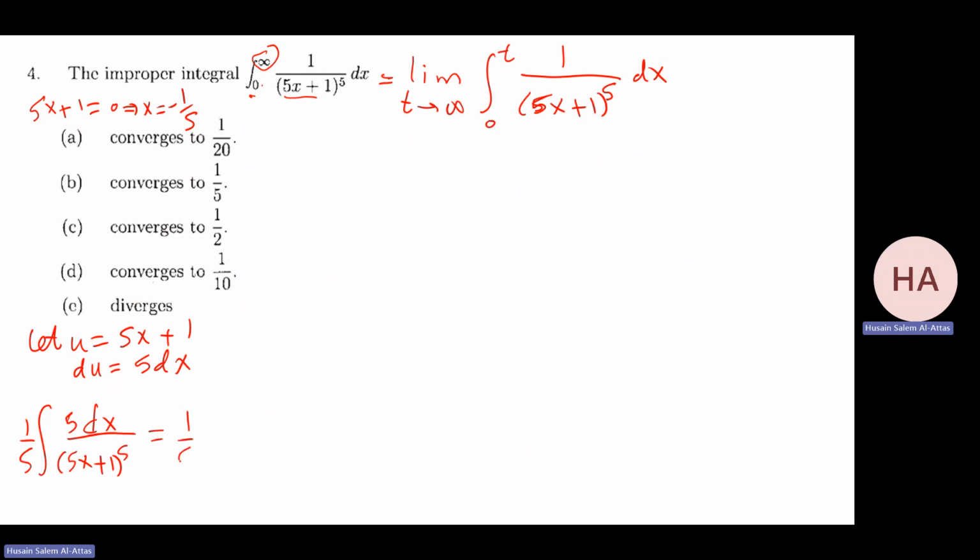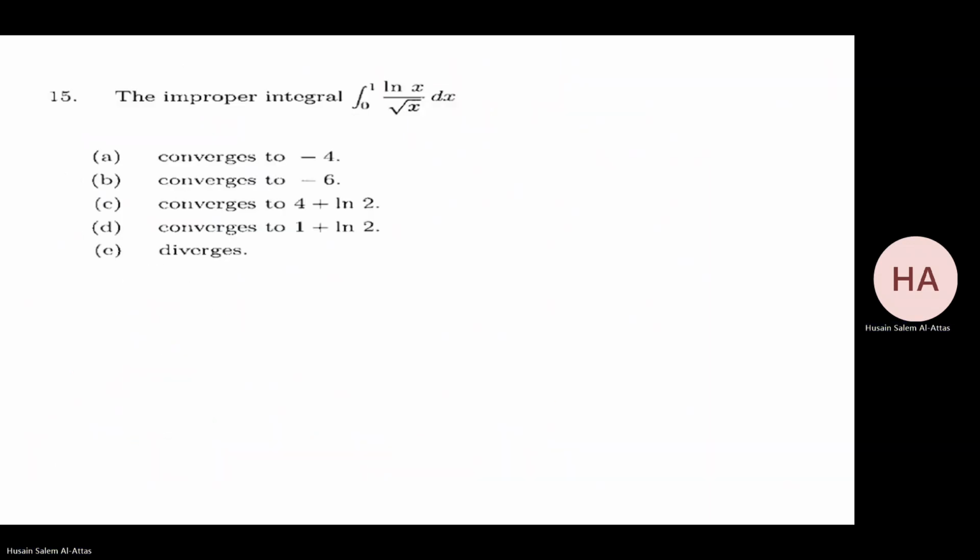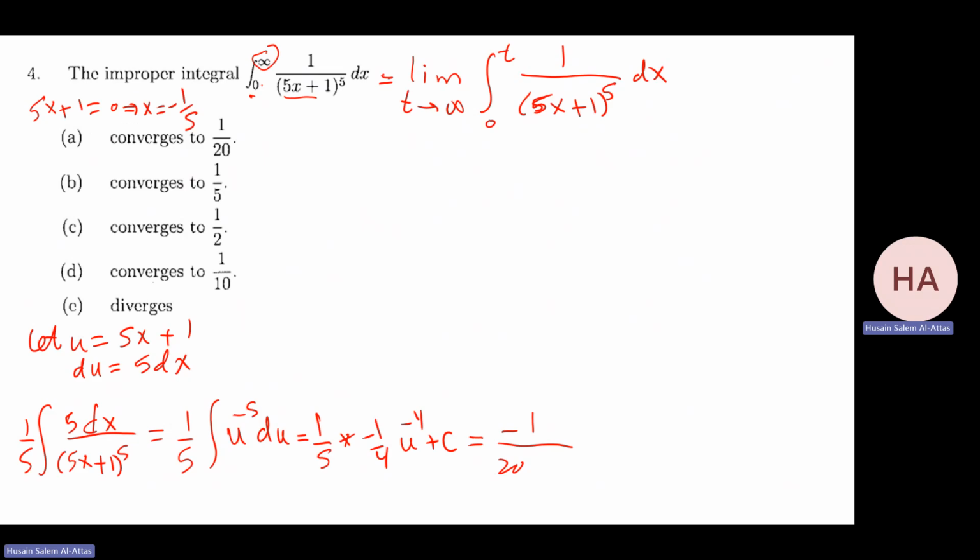So that will be 1 over 5 u to the power minus 5 du, and that is 1 over 5 times u to the minus 4 over minus 4 plus c, and that is minus 1 over 20 times (5x plus 1) to the power minus 4 plus c.